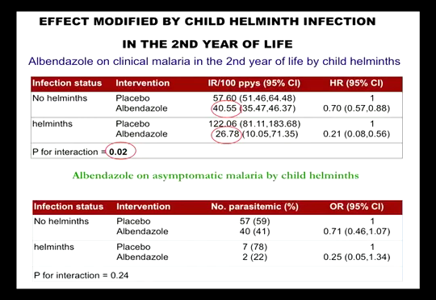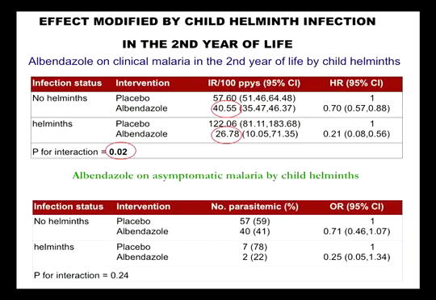Here we have whether they had helminths or none, and what intervention arm they were in. And for the incidence rates per 100 person years, we see that children who had helminth infections had a lower incidence rate compared to those who did not have, suggesting that the effect of albendazole was modified by child helminth infections.